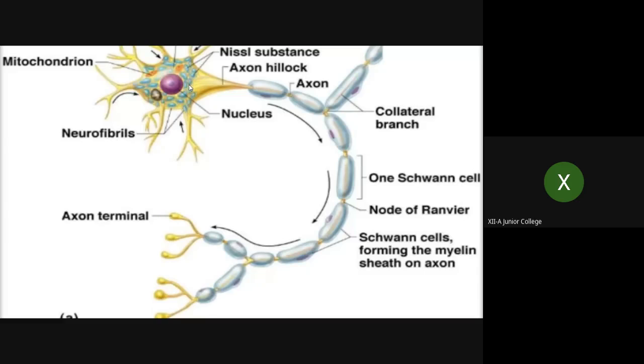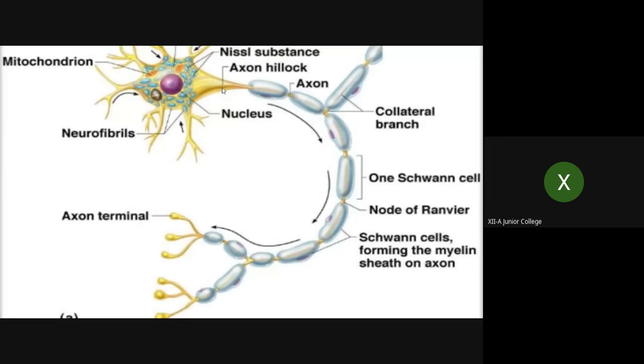Ribosomes are part of protein synthesis. So these Nissl's granules are helpful in the synthesis and then storage of proteins, which help in the nourishment of that neuron body, the cyton.